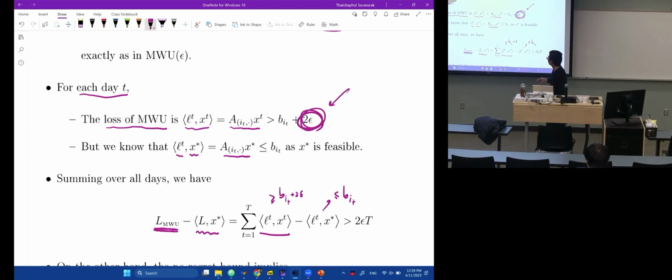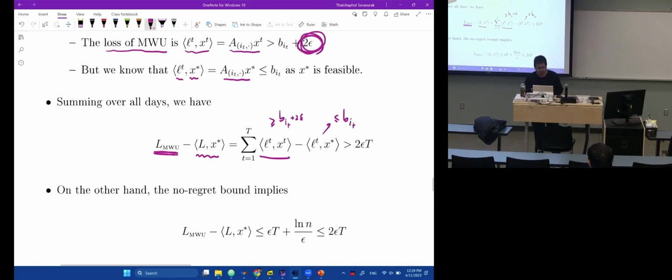It means that there should be some contradiction now. If T goes on forever, if T is big, this regret keeps getting bigger and bigger. But you shouldn't have regret. So that's a contradiction.